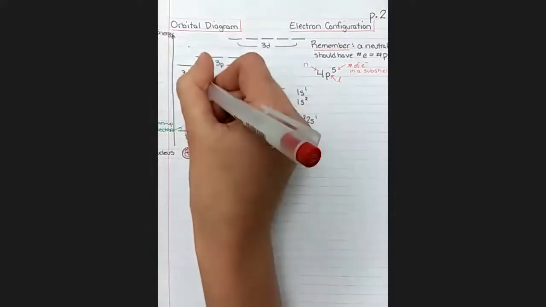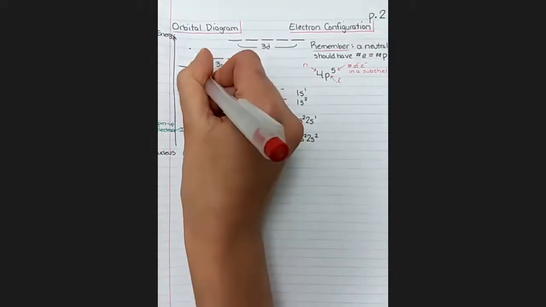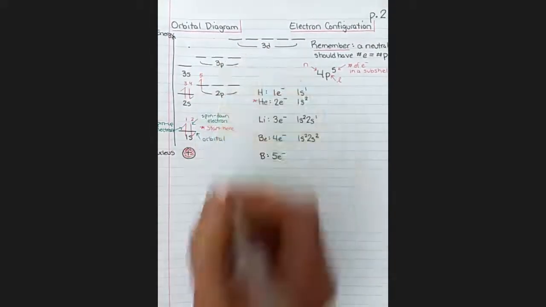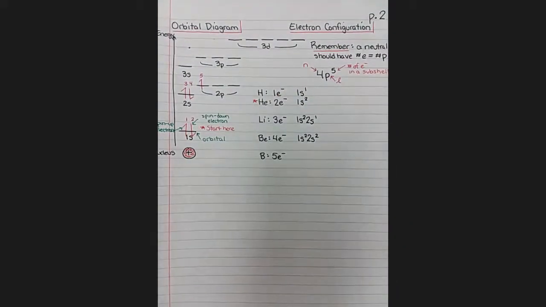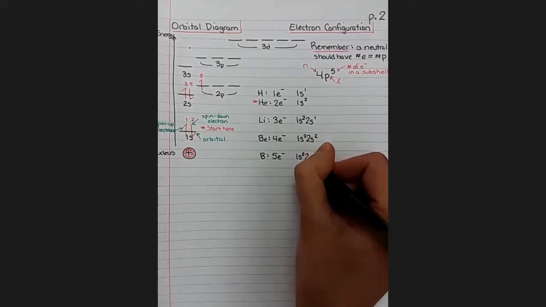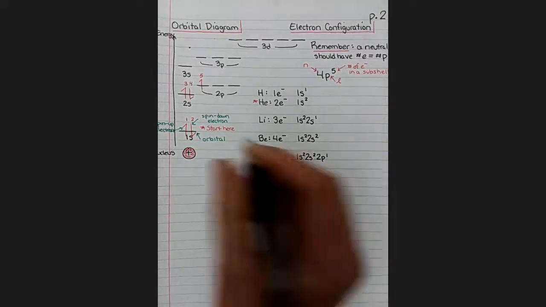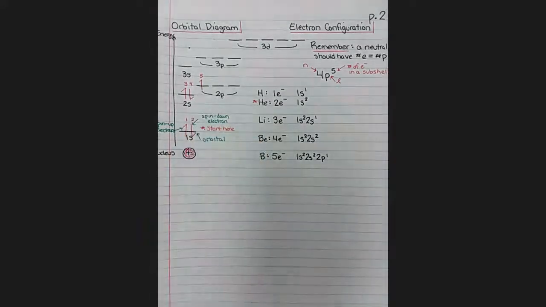They have the same amount of energy. Usually we just draw it in the first one, but if you're feeling spunky, you can put it in the second or third. It doesn't matter. And when we write the electron configuration, we write 1s2 because those are still there, 2s2 because those are still there, and we add a 2p1 because now we put 1 electron in one of the 2p subshell orbitals.